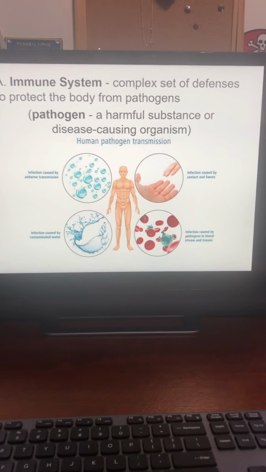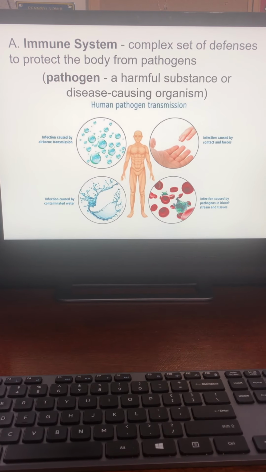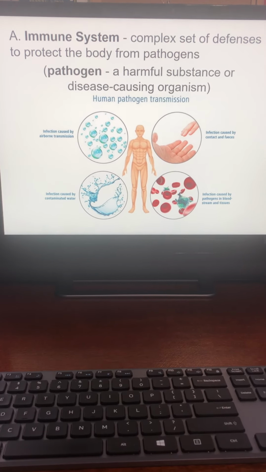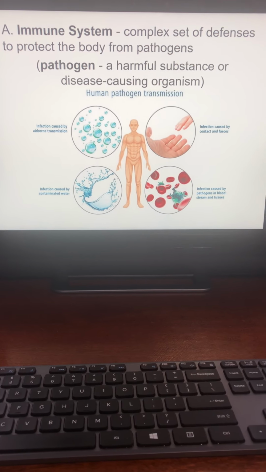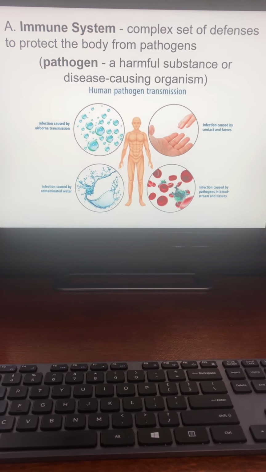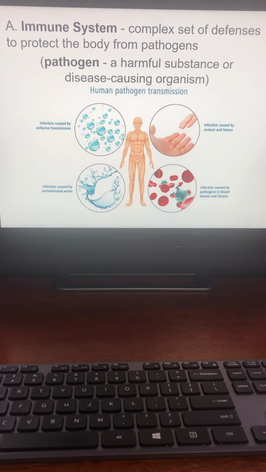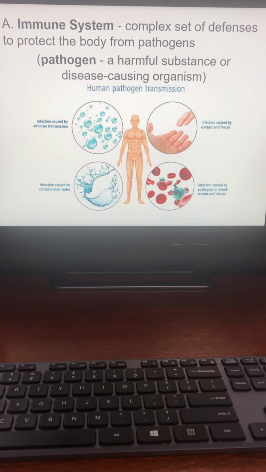Okay, if we look at the immune system, basically it is a complex set of defenses to protect the body from pathogens. And what is a pathogen? A pathogen is anything that's harmful that is going to enter the body. It can also be a disease-causing organism.